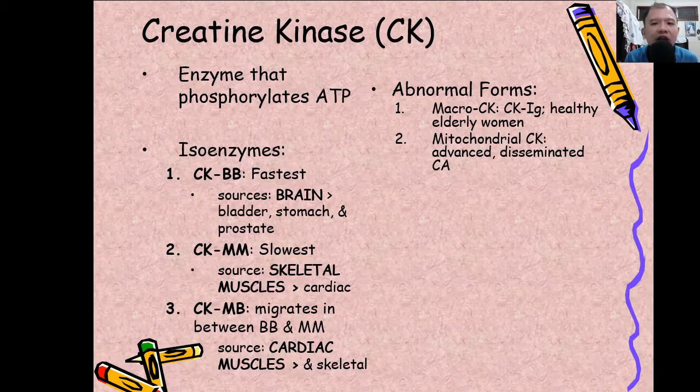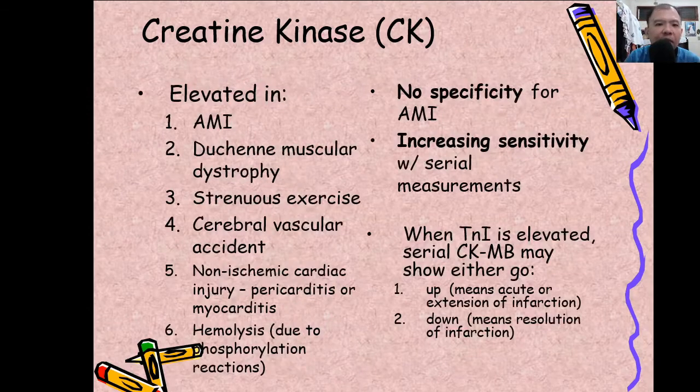These are in the following forms. You have macro CK, which is what they call CKIG, found in healthy elderly women, and mitochondrial CK, which is found among patients that have advanced disseminated cancer.